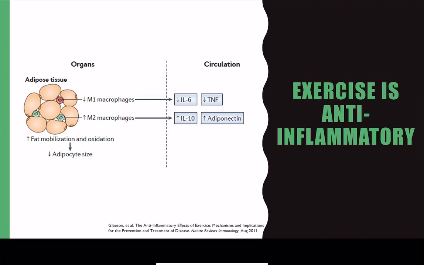So the overall effect on the body, if you do a sum total, like you made a math equation, the sum total of the exercise response is anti-inflammatory. And this could potentially be the common thread of why exercise seems to be so helpful in so many different areas: its role in inflammation.